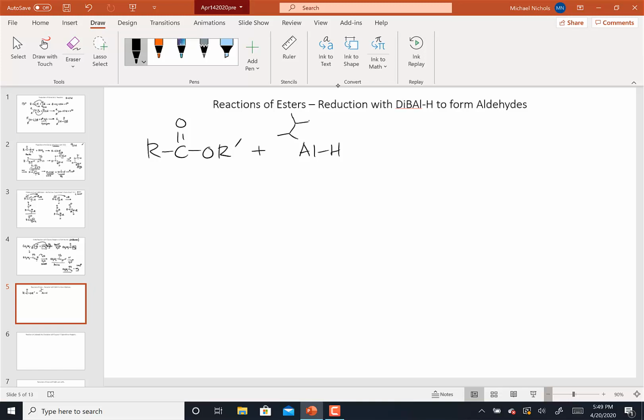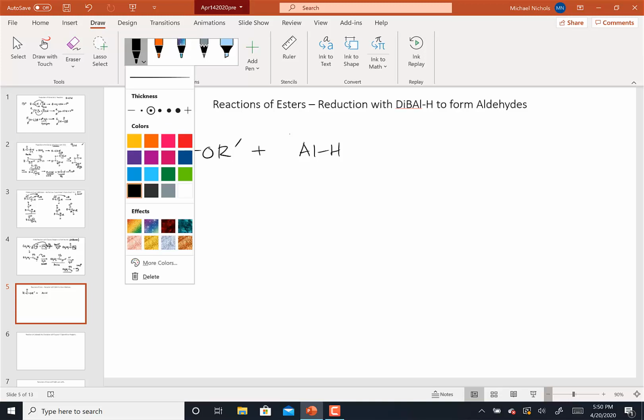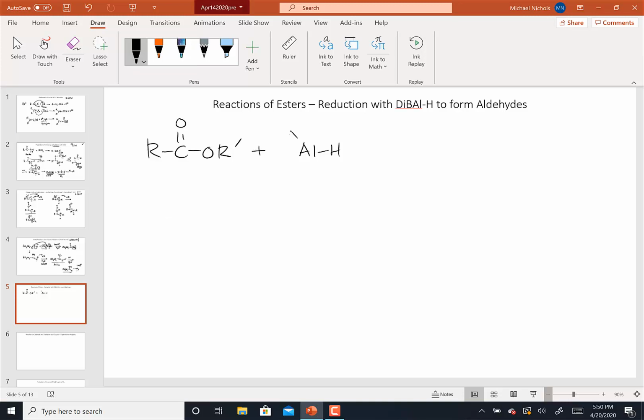Why won't it erase? So diisobutyl is just this. One, two, three, four. So there's my diisobutyl aluminum hydride, or DIBAL.